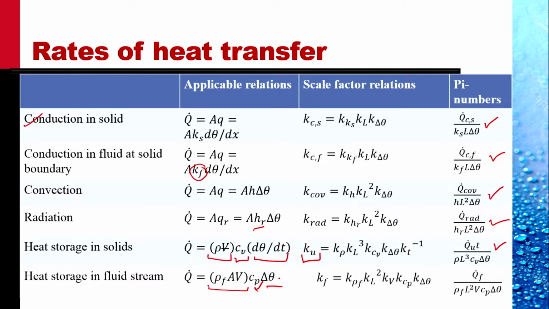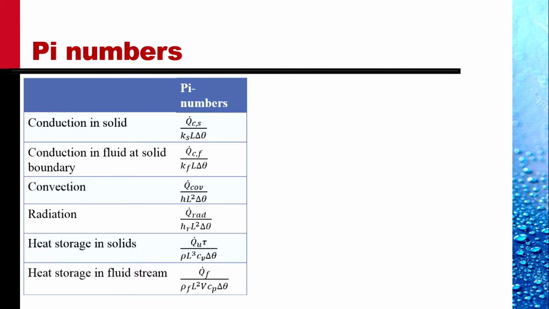And so we get the heat storage in fluid stream scale factor having this pi number. This is using the laws to determine the pi numbers. We copied them here from the last table, and then we equate the scale factors for these.